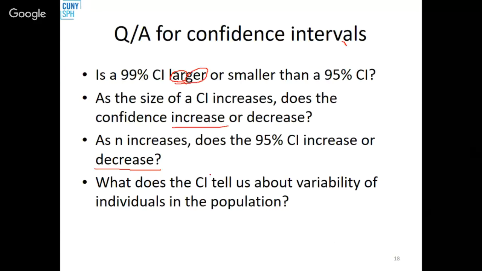And finally, what does the confidence interval tell us about the variability of individuals in the population? This is a tricky one. Nothing. Very good, nothing.